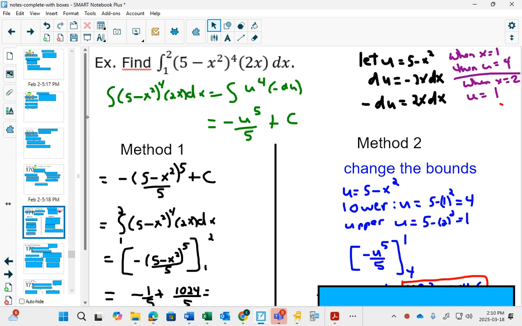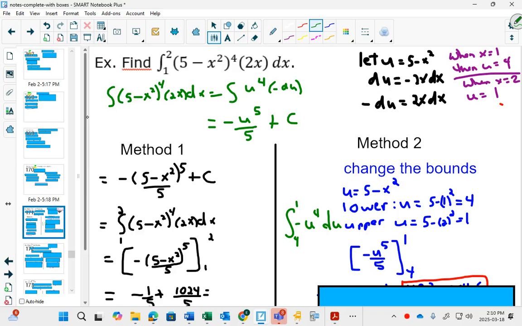I'm going to take one extra step and write the integral from 4 to 1 of negative u to the 4. I just put that negative right in the front so it didn't look like a subtracting du.